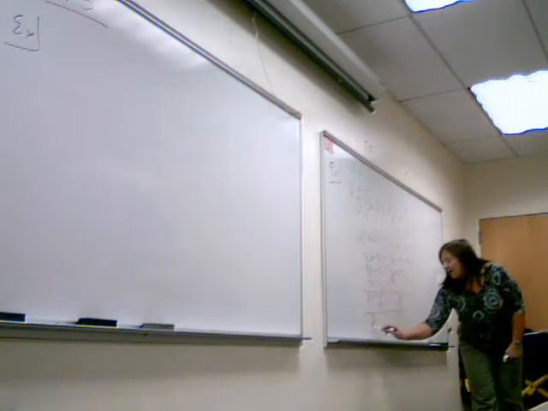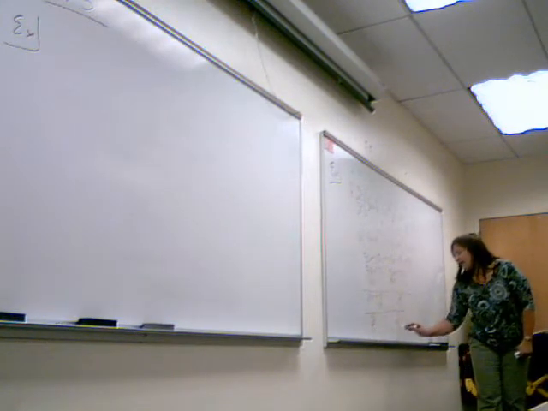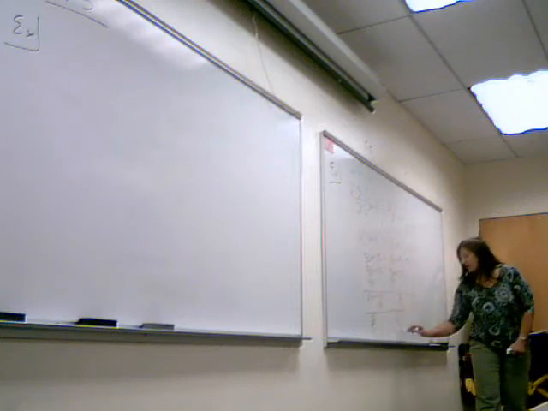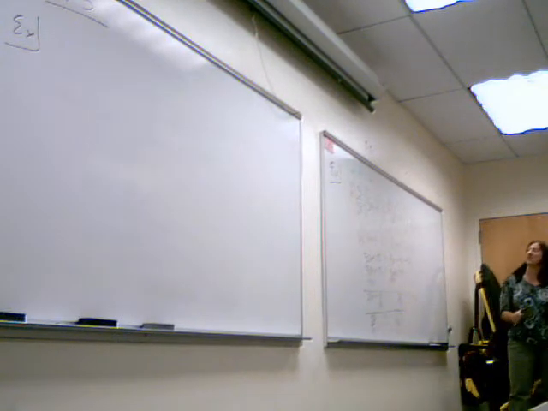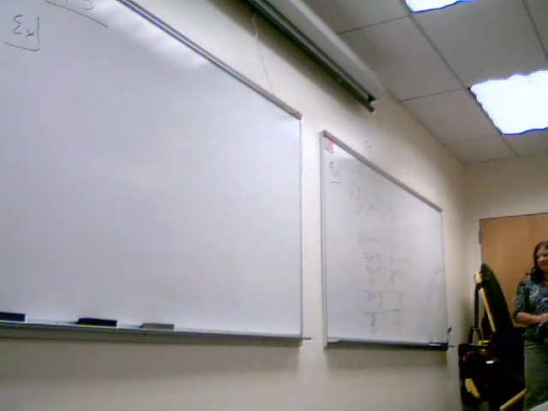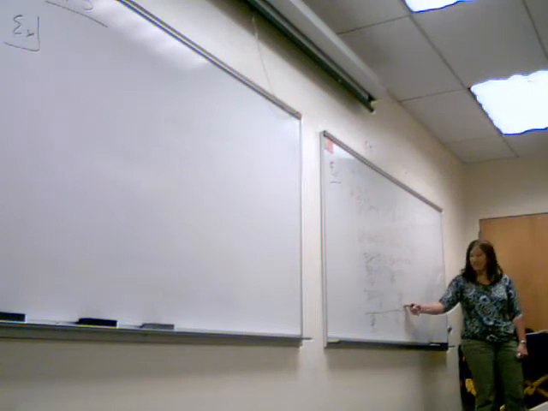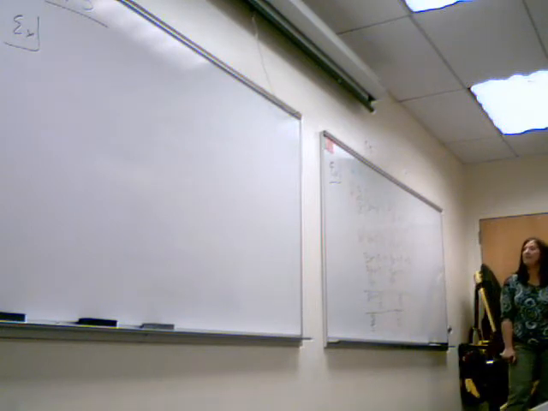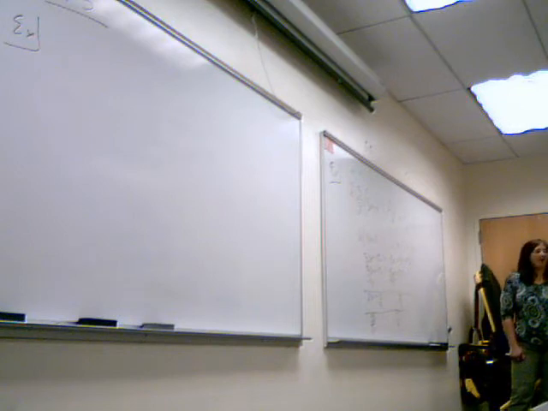Divide by 25. And I get 13/25. Is it negative? No, it's positive. Because my 25 was positive, my 12 was negative. So it's going to be positive 13. Okay? All right. Are we as clear as mud on those?